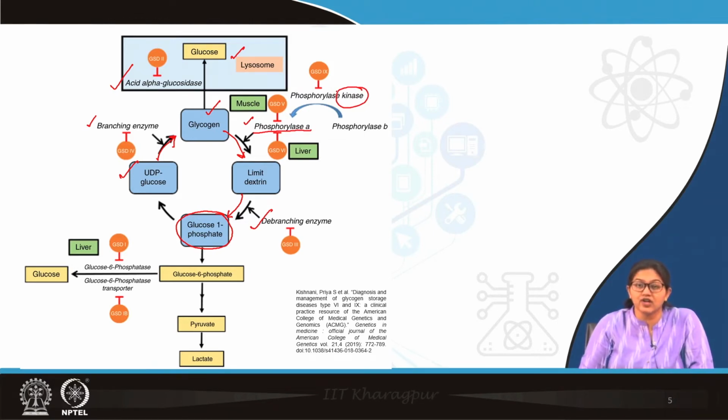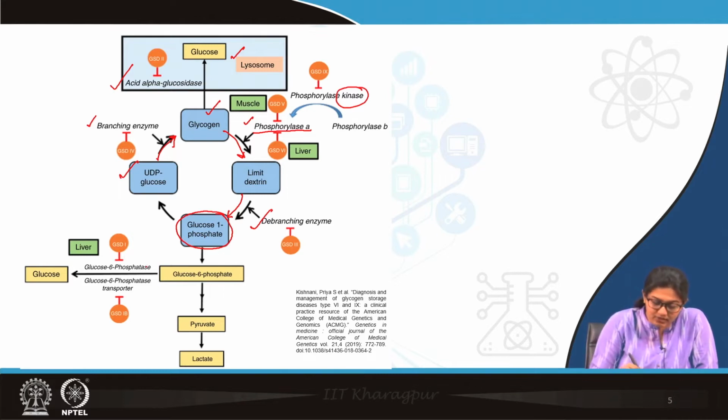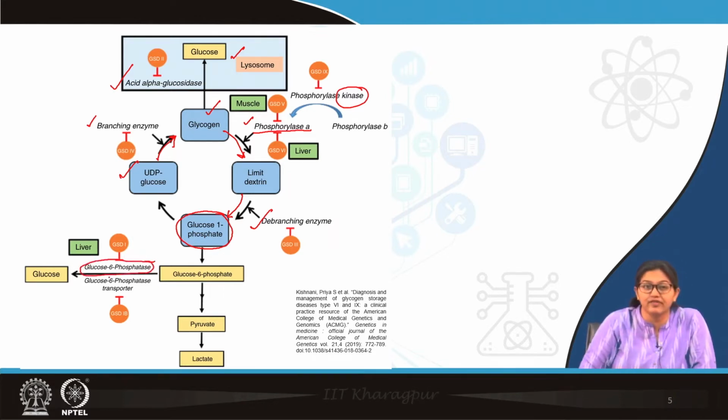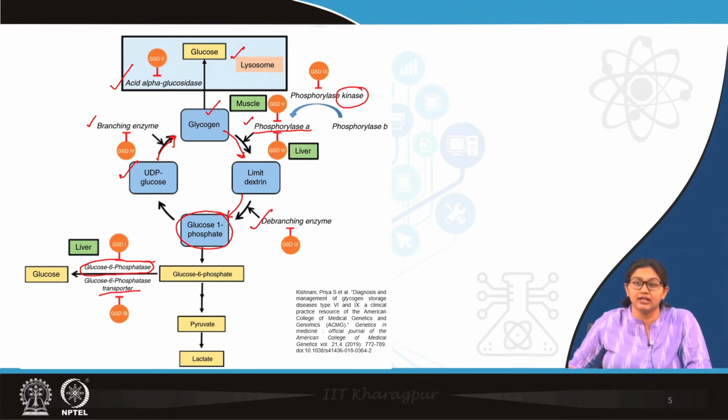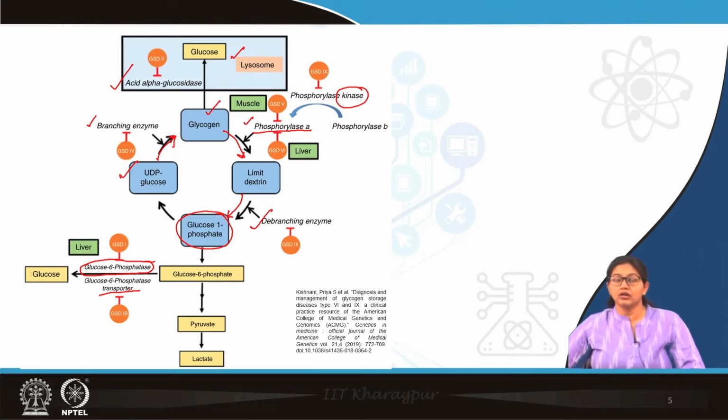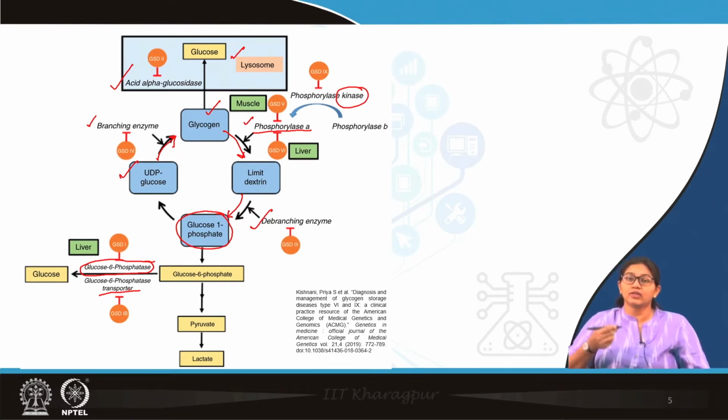Then again glucose 1-phosphate enters to form glucose finally via the enzyme glucose 6-phosphatase, which can be defective, or this glucose 6-phosphatase has one transporter which helps in activation of this glucose 6-phosphate. So, that transporter can be defective as well. So, these are the different locations where different enzymes can be defective, ultimately giving rise to one of the glycogen storage disorders. So, let us see one by one.